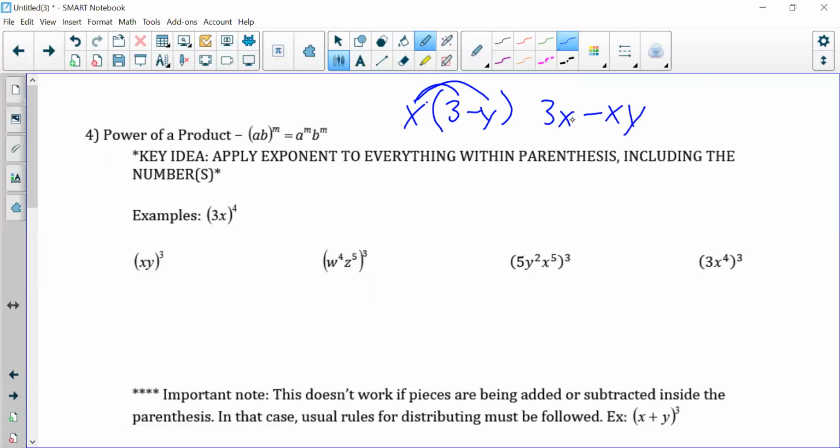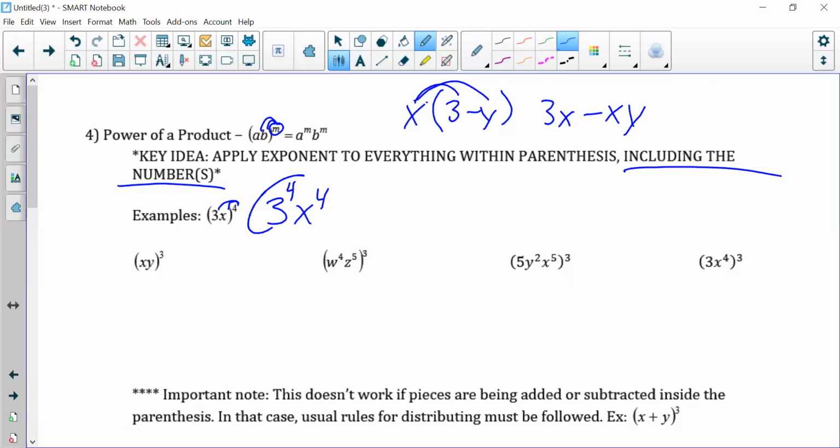We're doing the same thing, only on this, we're distributing an exponent. So the exponent on the outside gets distributed to the exponent of everything inside the parentheses, including the numbers. So in our first example here, the 4 gets distributed to the exponent of this one and the exponent of this one. So I have 3 to the 4th power, x to the 4th power.